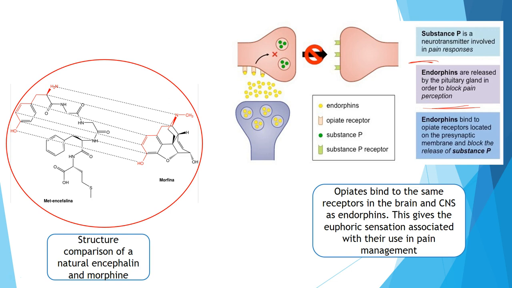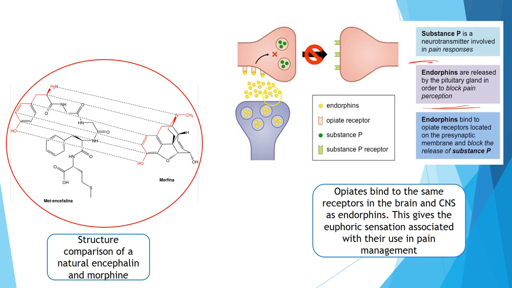So they're not stopping the pain from happening, but they are stopping our brain from perceiving it as pain. So endorphins are naturally released and bind with the opiate receptors in our brain. And then substance P is a neurotransmitter. Substance P is released if we don't have endorphins.